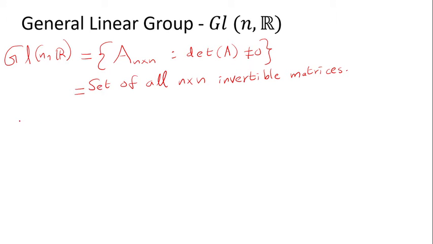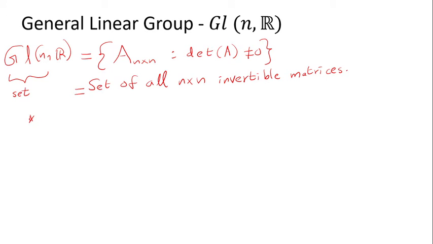So let's try to prove that this is a group. What is the first property that it should satisfy to be a group? The first thing that you need to identify is that this is a set, right? Then we should define a binary operation on this set.